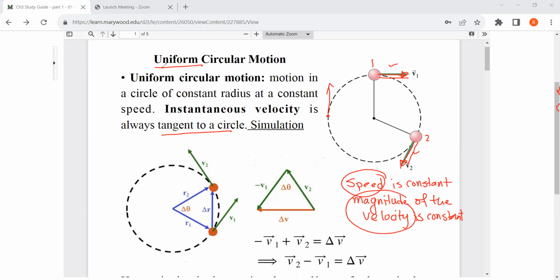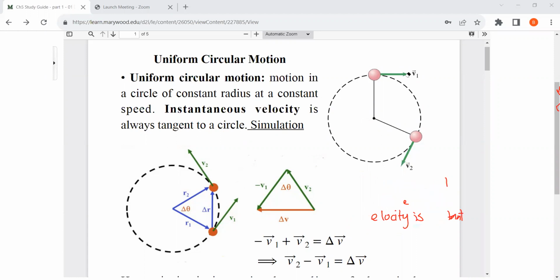So now you probably understand that circular motion means the object is moving in a circular path, and uniform means the speed, or the magnitude of the velocity, is constant, but not the direction. The direction changes, and it is the tangent.